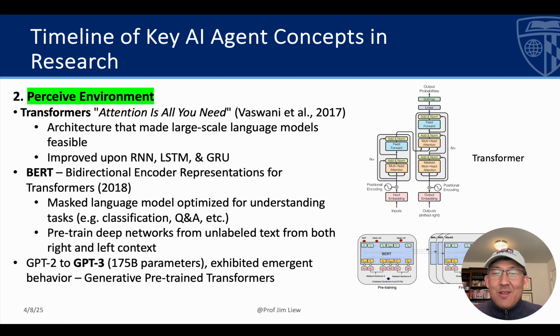Along the way, there was another extension, BERT, which is Bidirectional Encoder Representations from Transformers. BERT used a masked language model technique in order to understand tasks. BERT allowed us to really understand specific tasks.